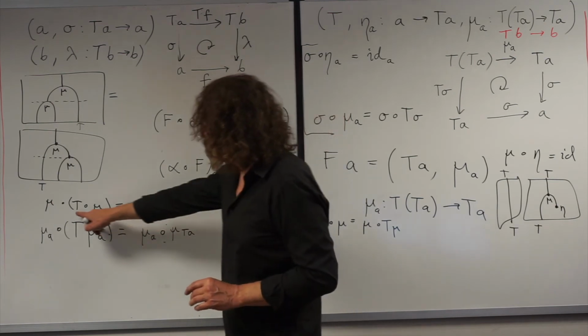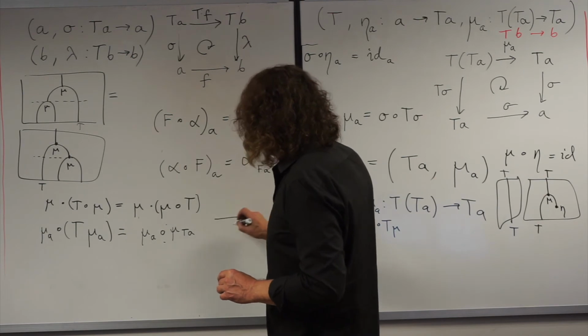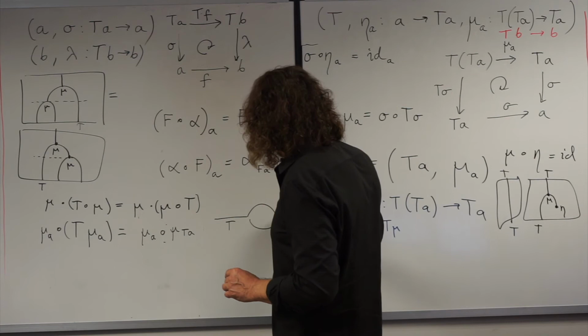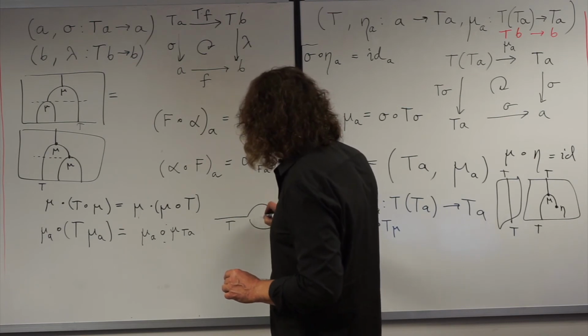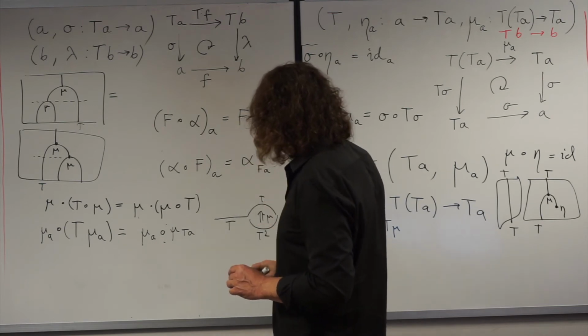So if you look at this as a diagram, you have T and you have mu going this way. Mu goes from T square to T, right?